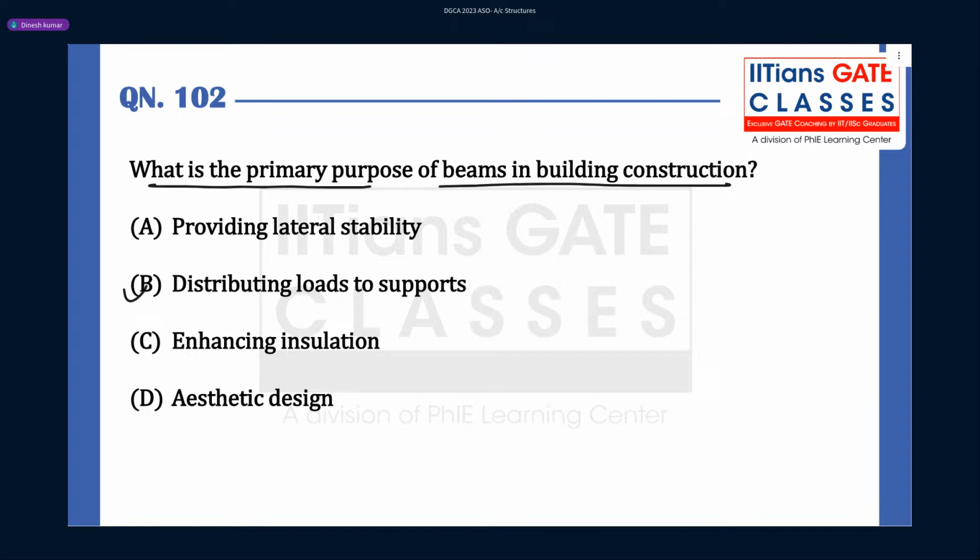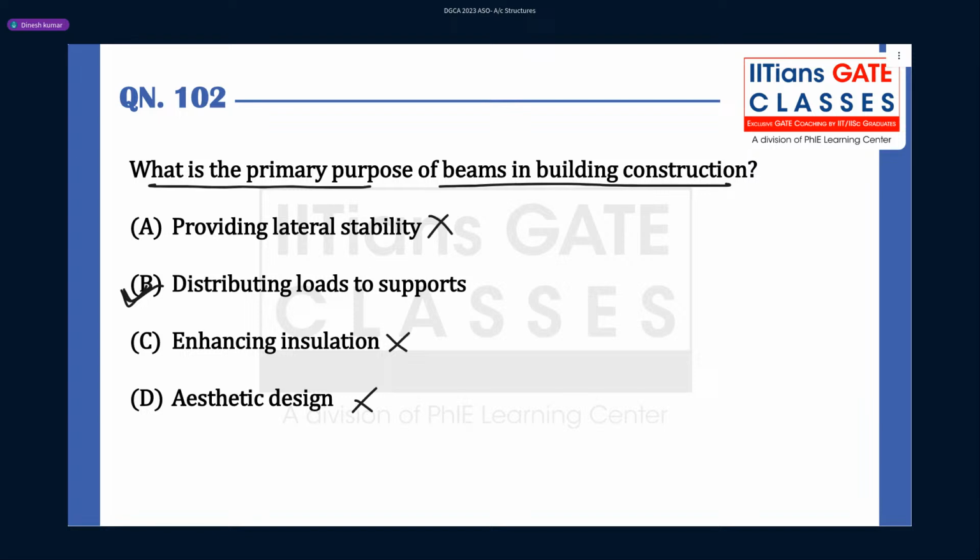That is the main purpose. Lateral stability is usually provided by columns. Enhancing insulation, no. Insulation is enhanced mainly by the floor. Aesthetic design, no. So the primary function of a beam is to carry distributed load or bending loads.